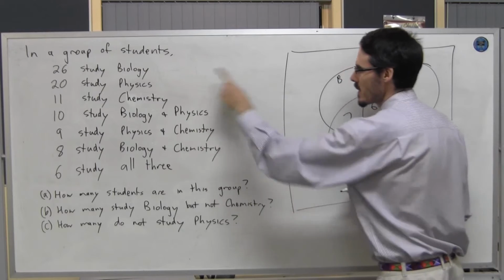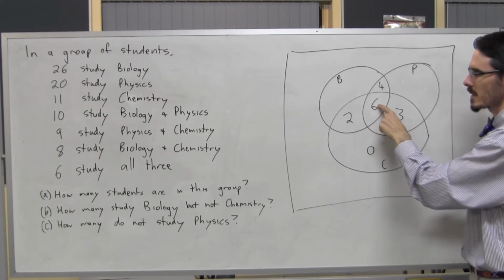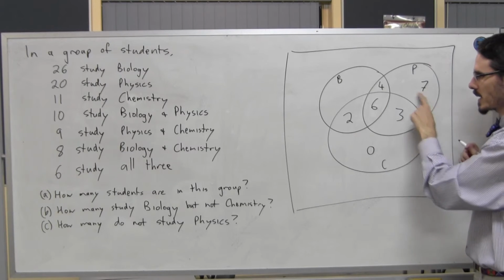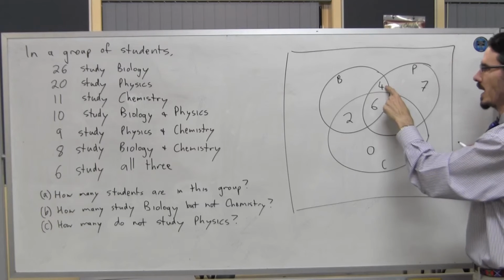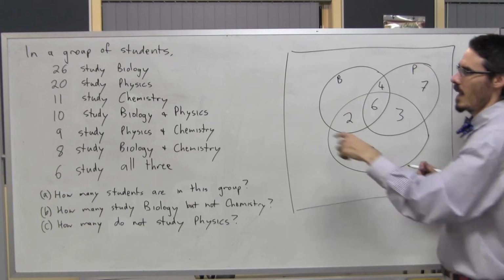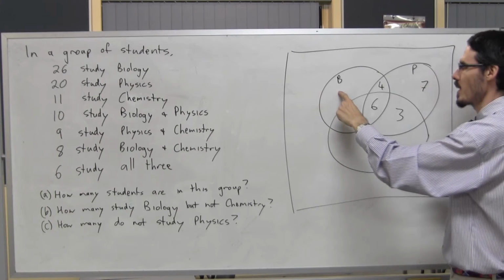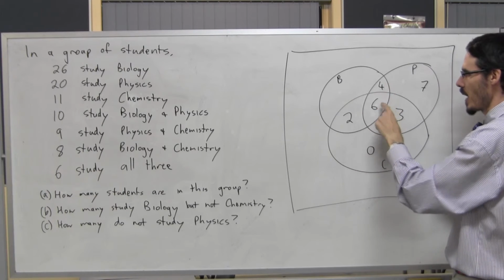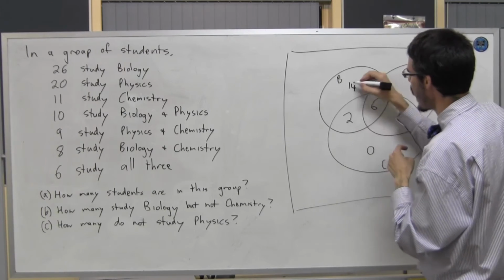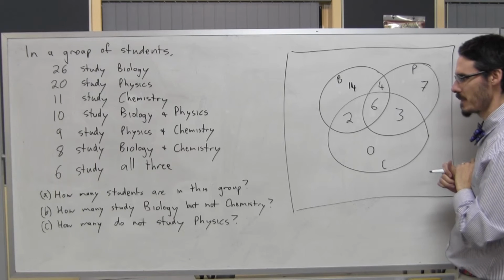There are 20 students who study physics, but I've already got 7 and 6 is 13, so there are 7 students left who study physics, but I haven't already recorded as studying biology, chemistry, or both. And then there are 26 who study biology. Well, if 26 study biology, but I've already got 12 accounted for here, there must be 14 more who aren't doing one of the others.